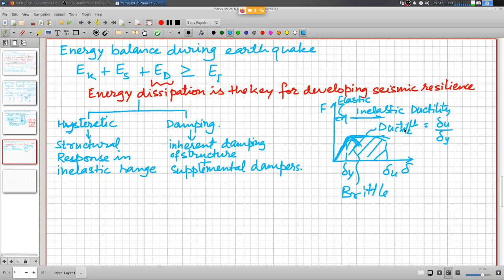We should try to make the construction material, from which the structural elements are made, as ductile as possible, and therefore we have special confinement reinforcement. In reinforced concrete, we have special ductile detailing provisions.